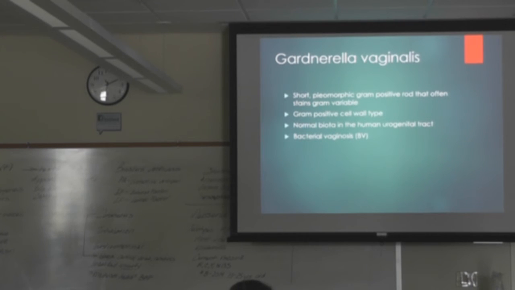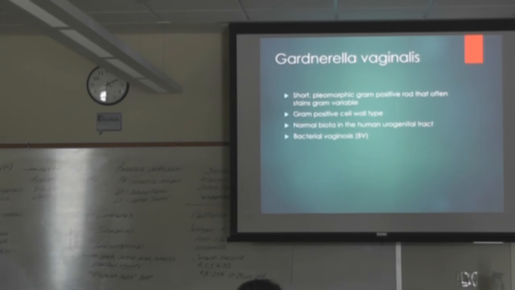Thick peptidoglycan. Think, what else do you have going on there? Teichoic acid. Yeah. Okay, good. Normal biota in the urogenital tract, but this one causes BV, which is not good. It can be isolated from as many as 40% of women without BV symptoms.